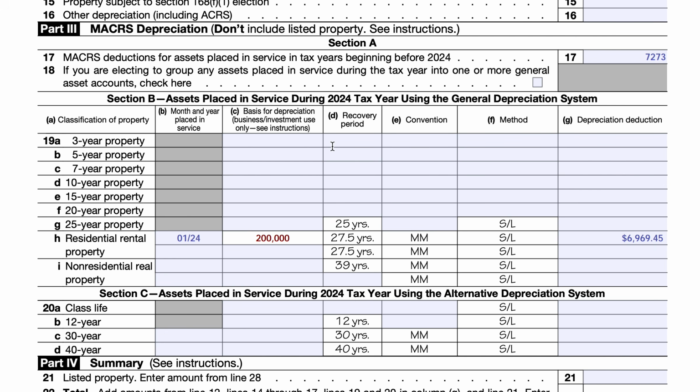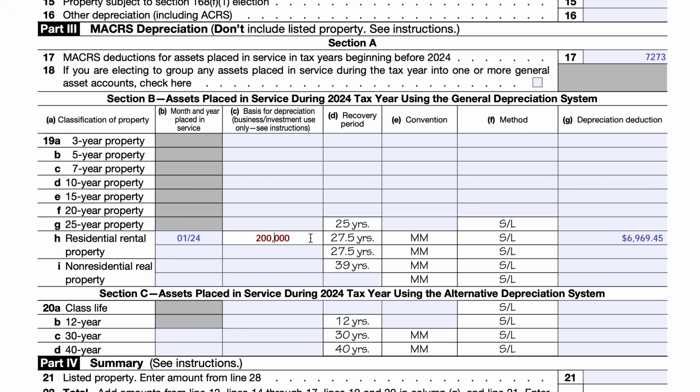In Section A, we would take MACRS deductions for assets placed into service in tax years before 2024. So if this is for a 2024 tax return, but you placed your property into service in 2023 or earlier, then your calculation is pretty straightforward.